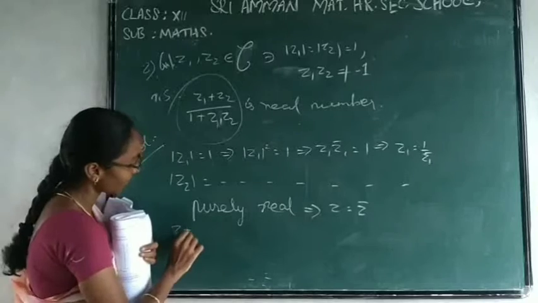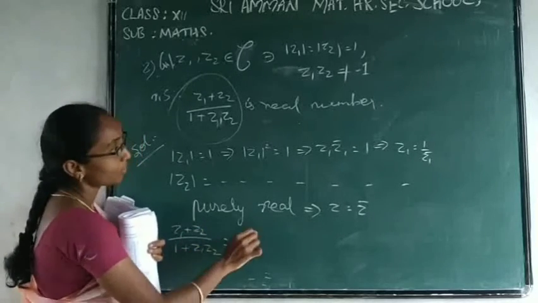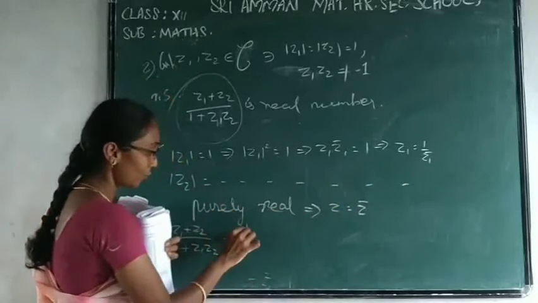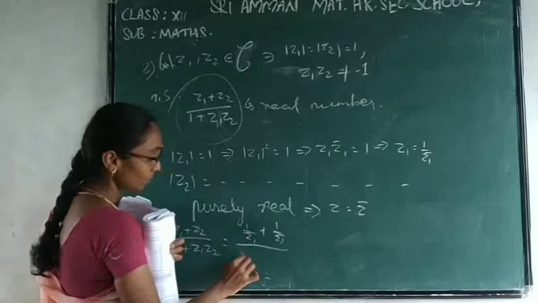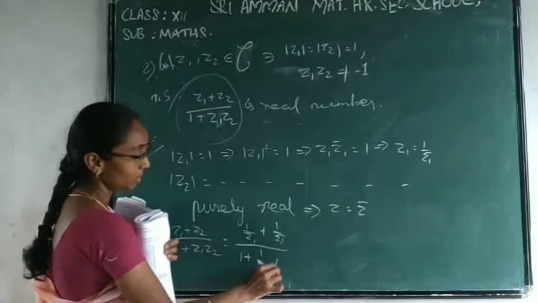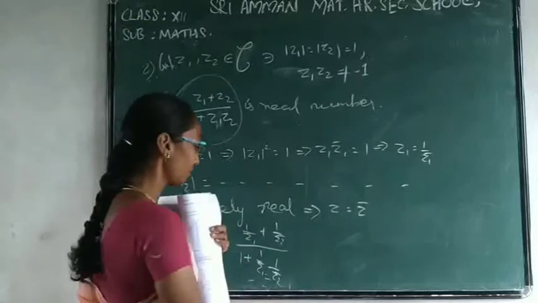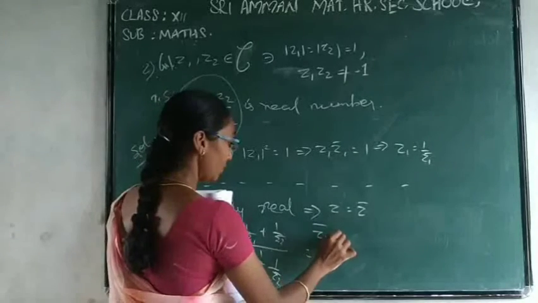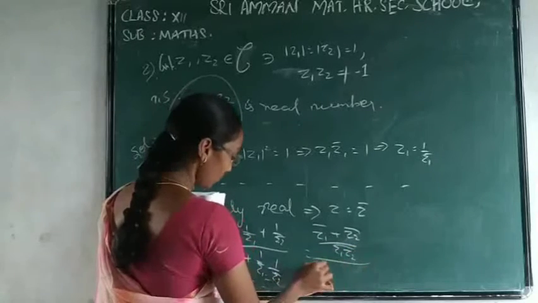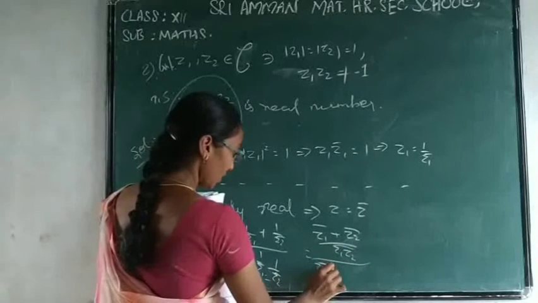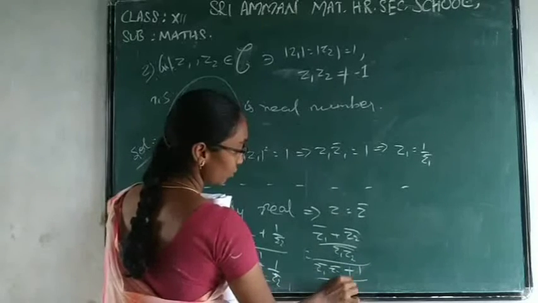So z1 plus z2 divided by 1 plus z1 z2: you find the value of 1 by z1 bar plus 1 by z2 bar divided by 1 plus 1 by z1 bar into 1 by z2 bar. That is z1 bar plus z2 bar divided by z1 bar z2 bar, plus 1 divided by z1 bar z2 bar.